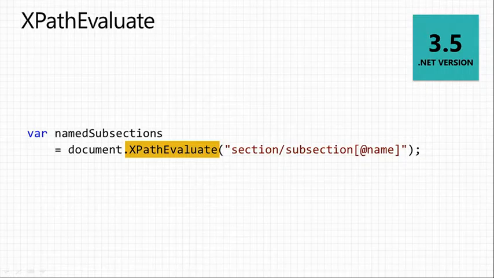You start with some top-level root element, say the document or something you've already found, and execute the XPath, and you get back the results. And if the result you get back is a singleton, you can use the casts we just saw to change it from the element or the attribute into a DateTime or a string as you need. So you can really work with these XML documents very, very effectively.